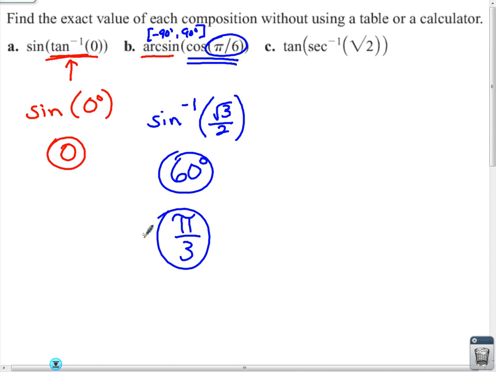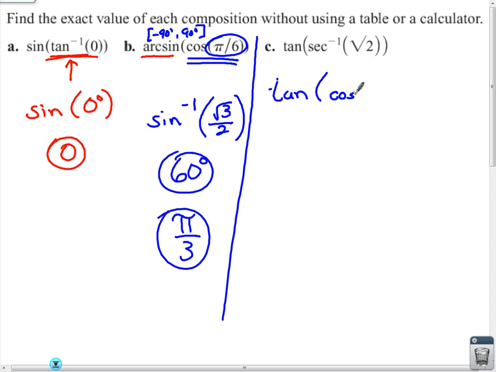Next one, the tangent of the inverse secant of root 2. We don't know how to find inverse secant, so we're going to change that to cosine. Secant and cosine are reciprocals of each other.